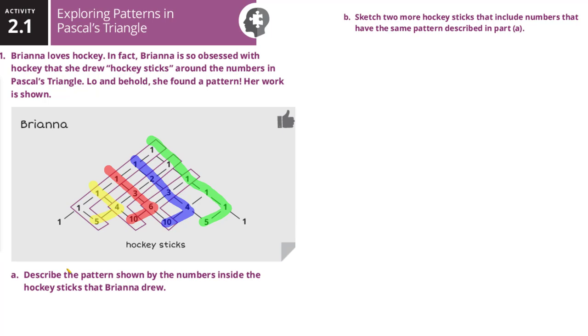So all the hockey sticks I drew followed that pattern. And you may have even drawn that pattern here. So that's A and B underneath that number 1.